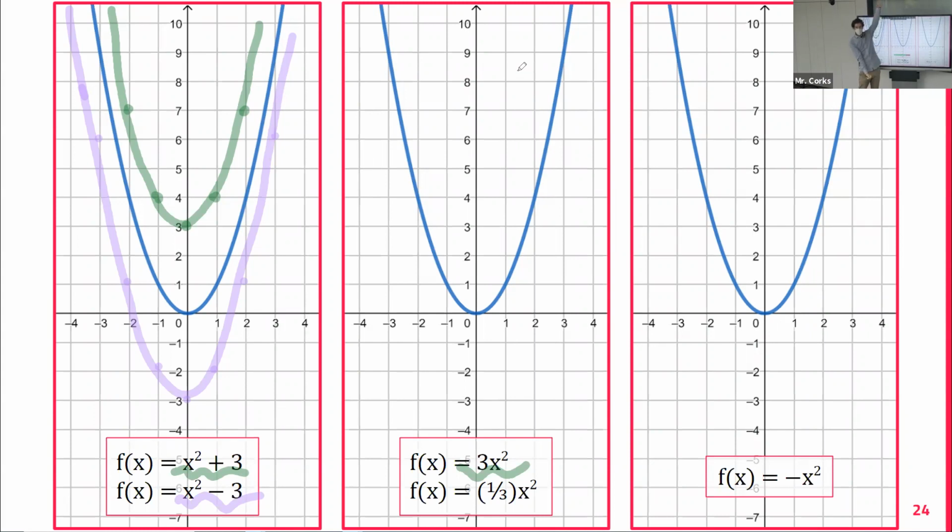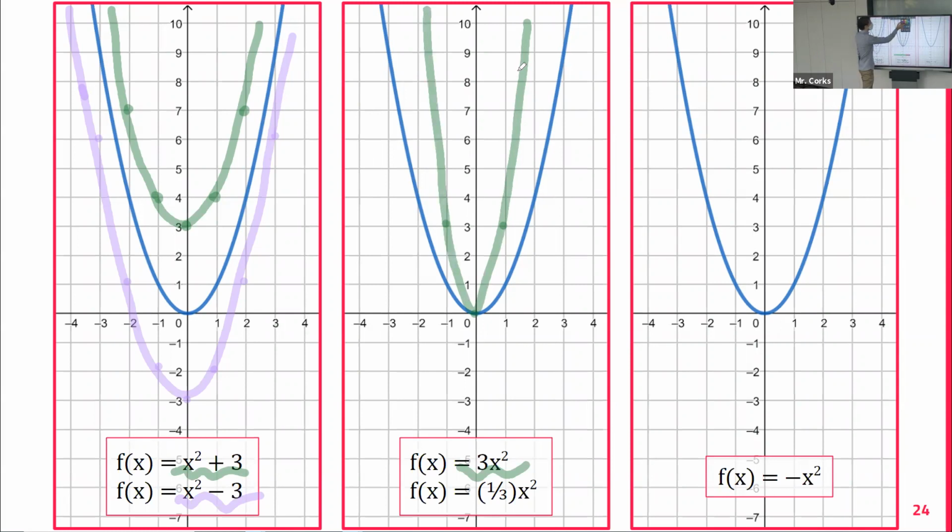The whole thing is getting stretched up and down. So 0, 0, 1, 3, 2 squared is 4, but then times 3, that's 12. That's already off our graph. So it looks like this. The 2 sides are getting squeezed together or closing. Again, mathematically, it's a vertical stretch.